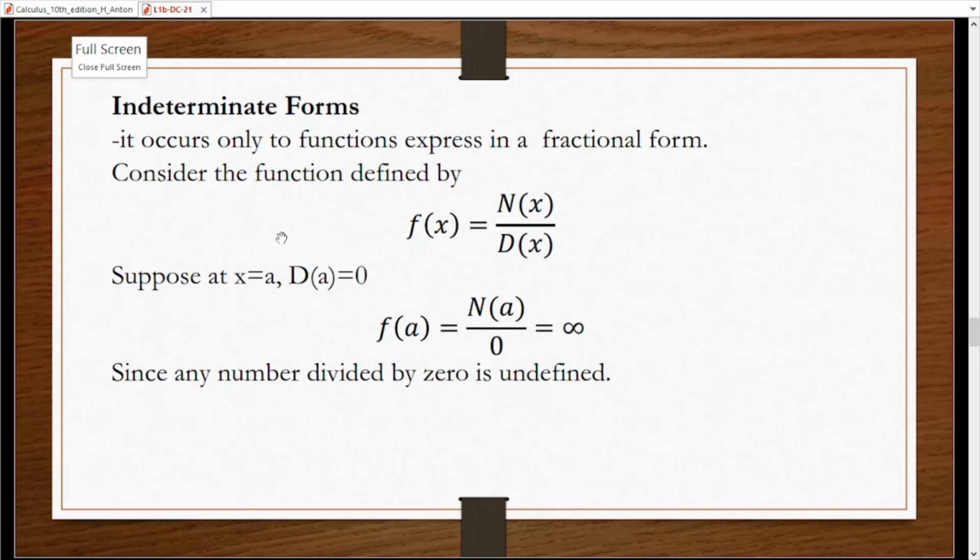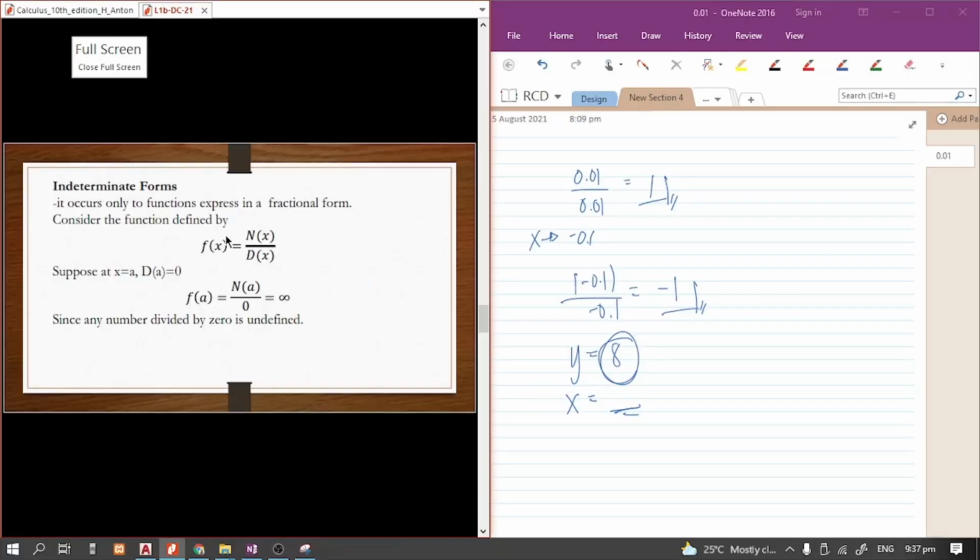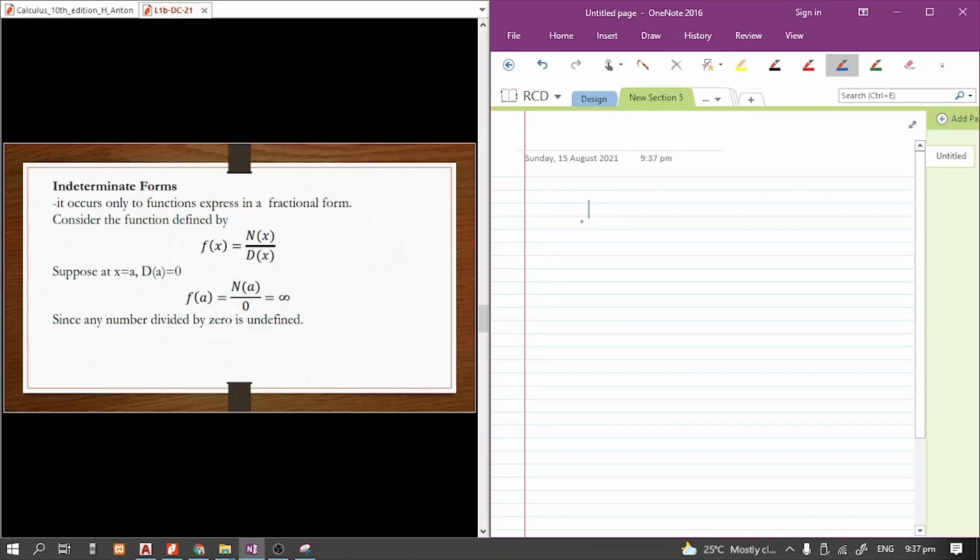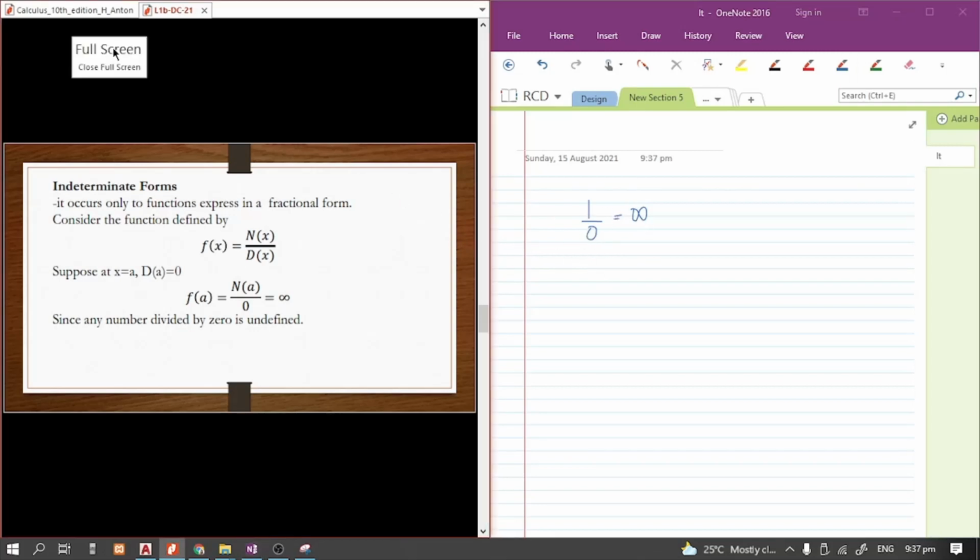Kasi nagiging indeterminate yung function natin kapag yung value natin is 0 yung ilalim. 'Di ba, kapag any number i-divide mo sa 0 is math error or undefined. So, yung form na yan is tinatawag nating indeterminate form.